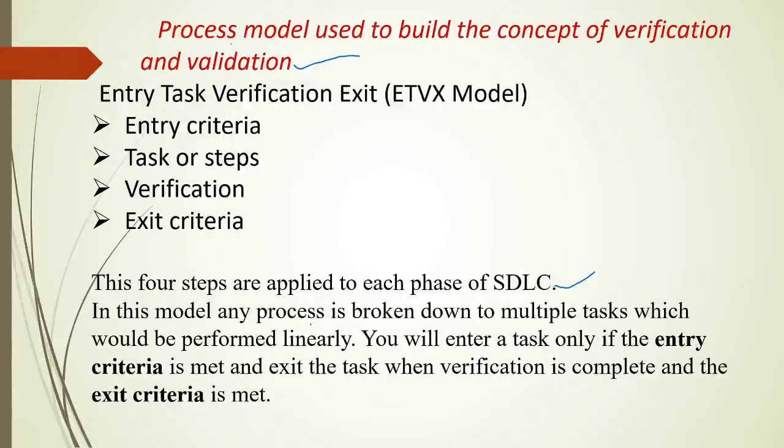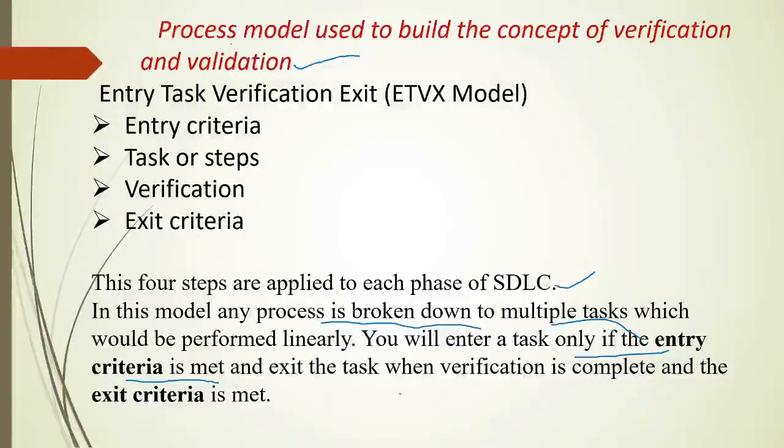In this model, any process is broken down into multiple tasks which are performed linearly. You will enter a task only if the entry criteria is met. For example, when you want to move from the requirement phase to the design phase, before entering the design phase, the SRS document must be ready and it should be a correct document. That is the entry criteria for the design phase.